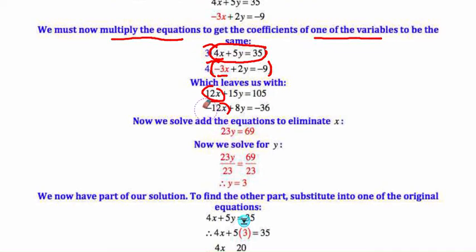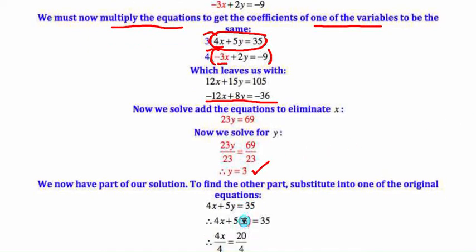This now allows us to literally add the two equations. 105 minus 36 gives 69, and 15y plus 8y is 23y. 12x plus minus 12x cancels, and I'm now left with an equation which has only one unknown, namely y, and I can then divide through by the coefficient to get my y value of 3.